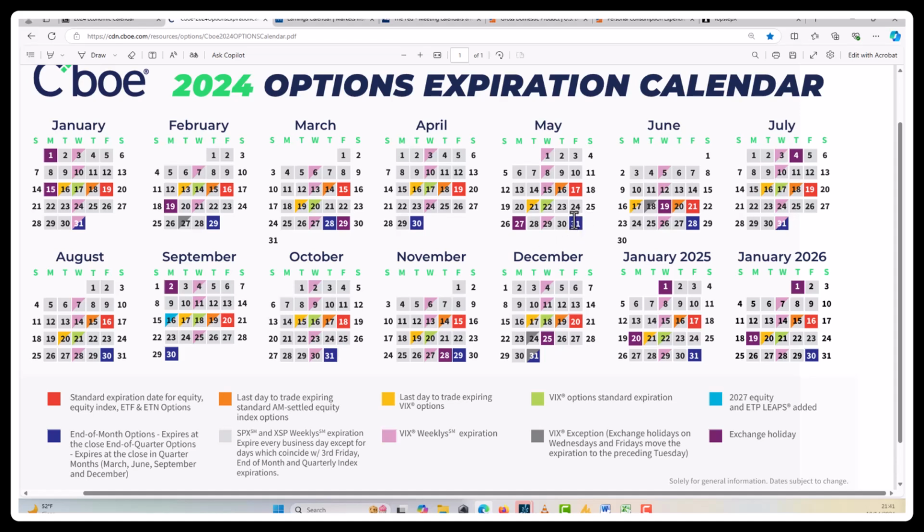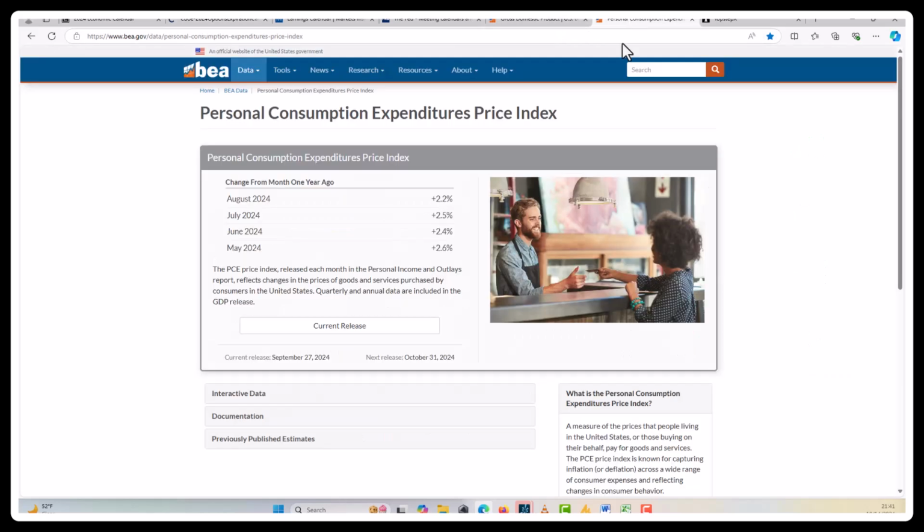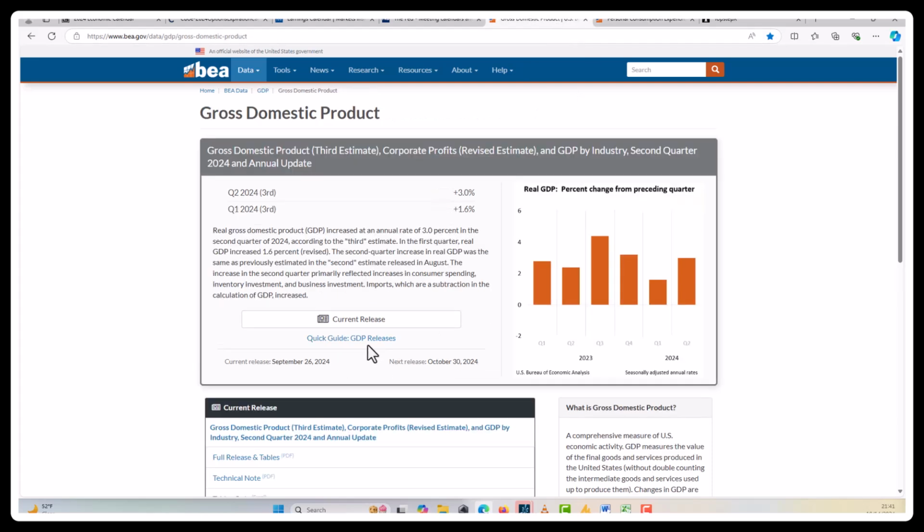If it is Friday, then it will go on Friday, but if the last week of the month doesn't have a Friday, it's going to release on Thursday. So that's the deal for the PCE data and GDP data.